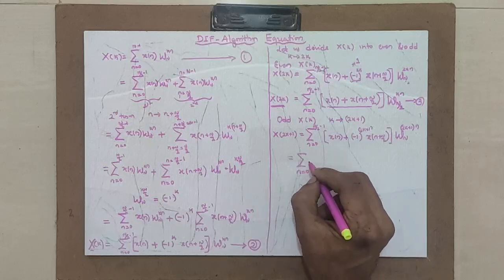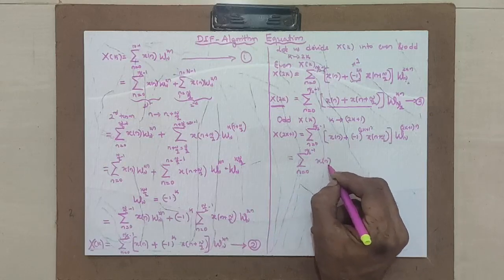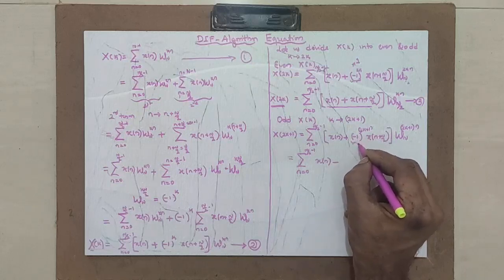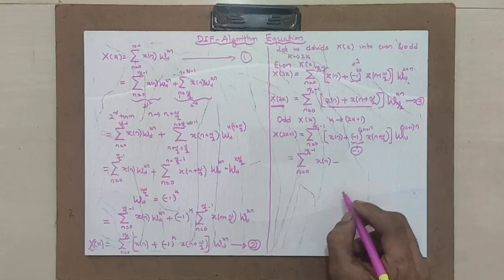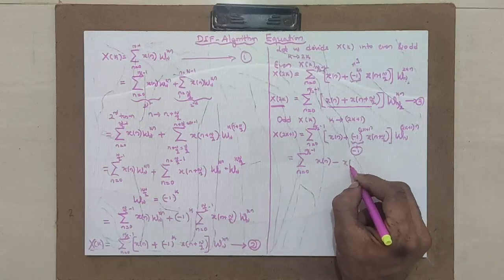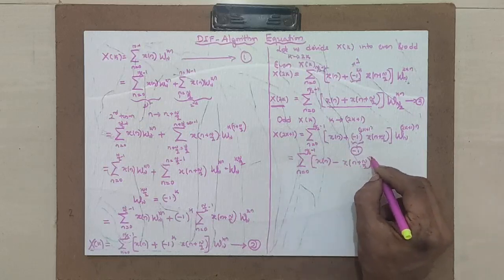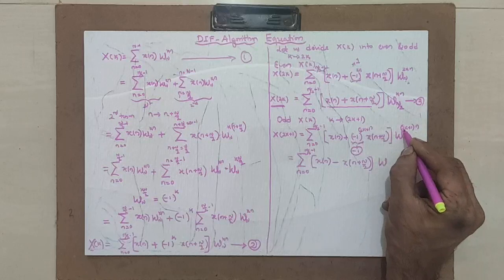Right. Now this is given by summation n is equal to 0 to n by 2 minus 1, x of n minus, as I told you, this gives me nothing but minus 1, minus x of n plus n by 2 whole outside, W_N raised to 2kn.